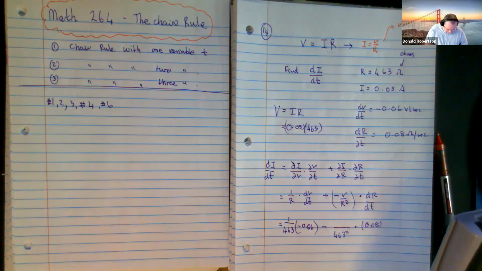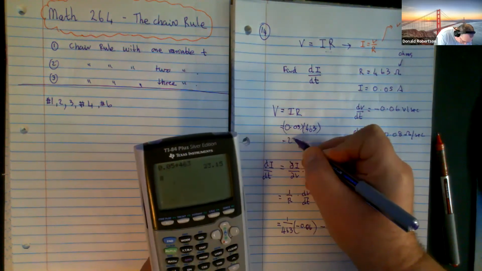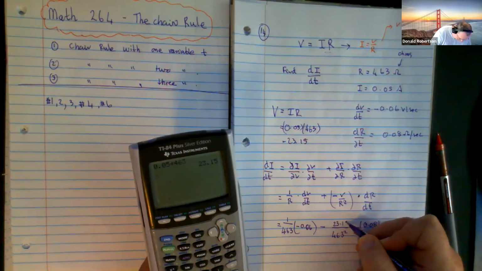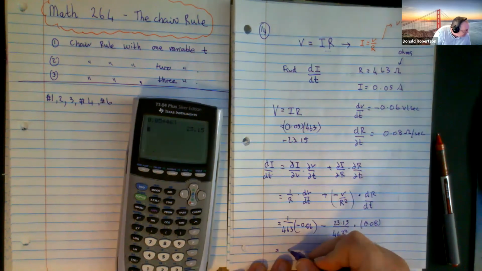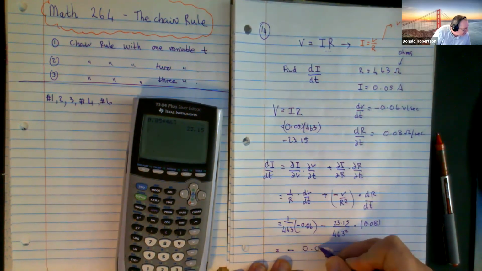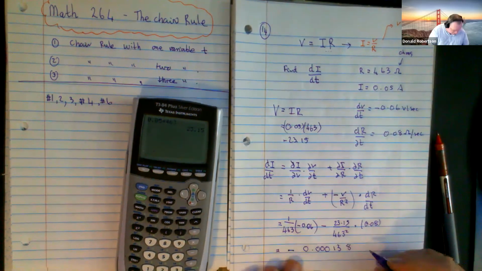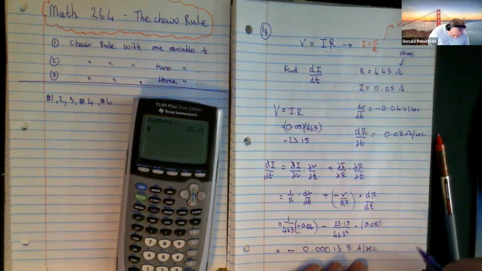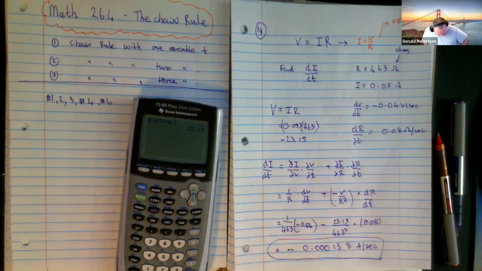So 0.05 times 463, and the number I'm getting out of that is 23.15, which I'm now going to put here. And I've got the answer over here in front of me. That is negative 0.000138. And if you want to know what the units are, it's amps per second. So this battery is very, very slowly draining its amperage.